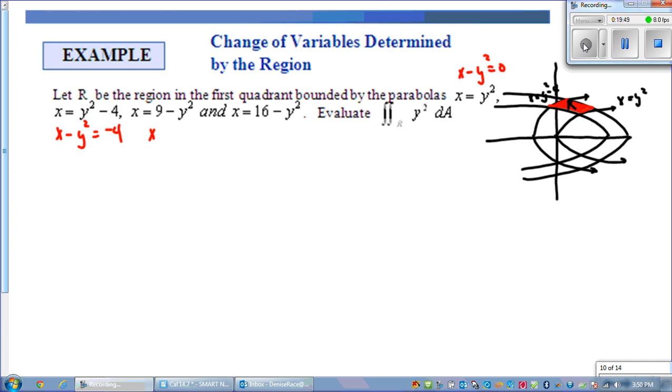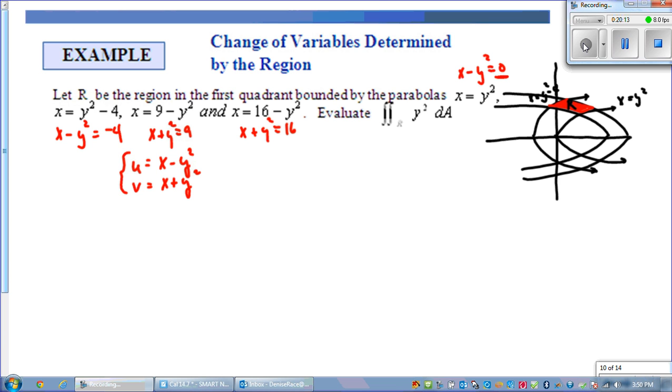The second one would have x plus y squared equal to 9, and the last one x plus y squared equal to 16. So if I let my transformation, I'm going to let u be x minus y squared and my v to be x plus y squared. My limits of integration will be just obvious then.